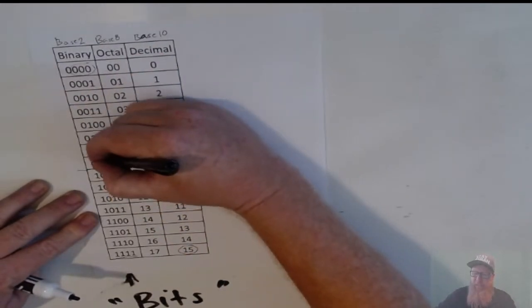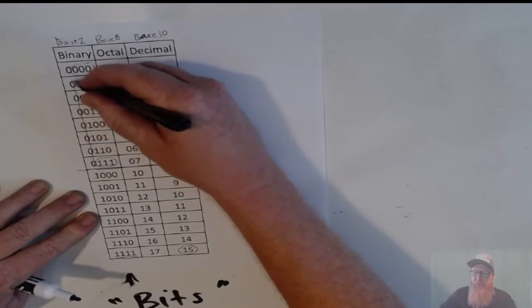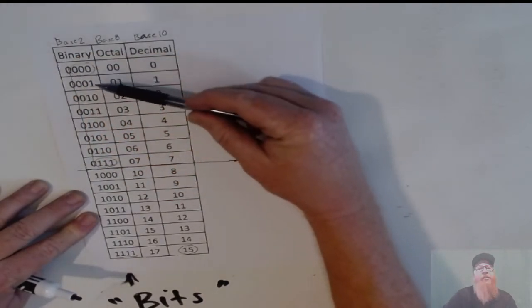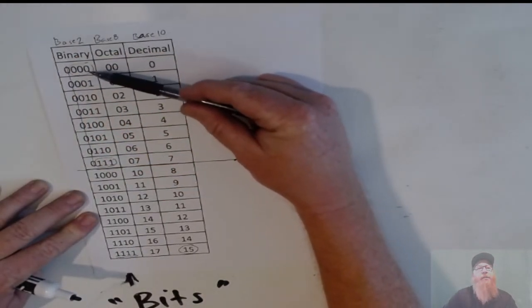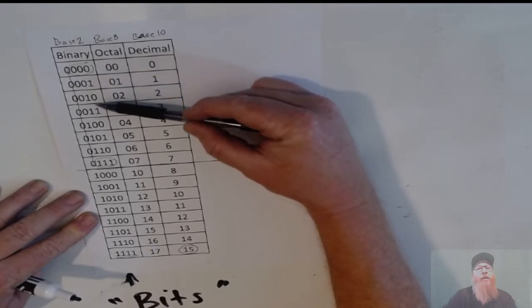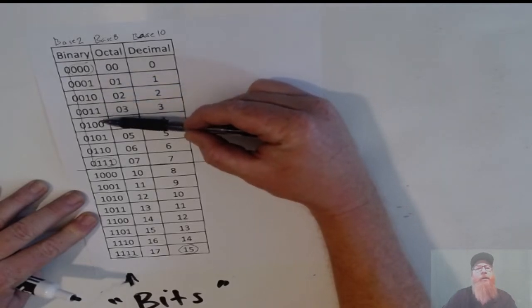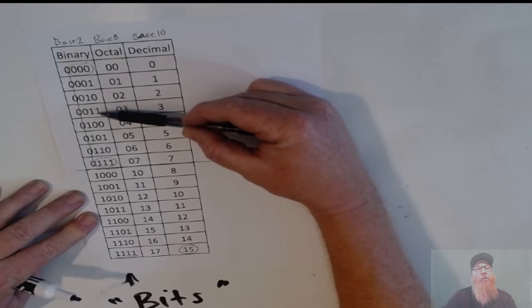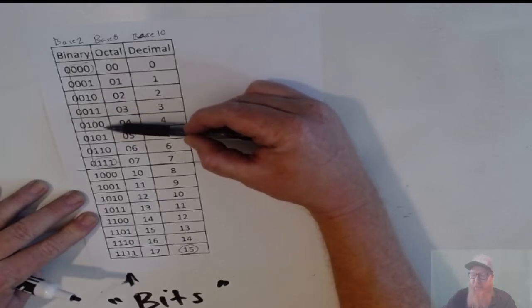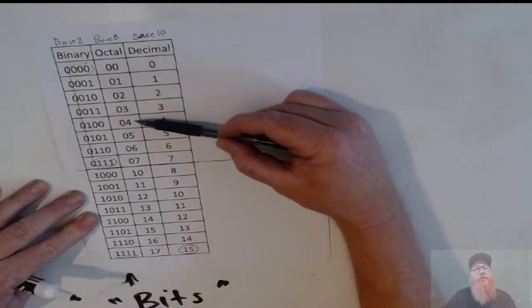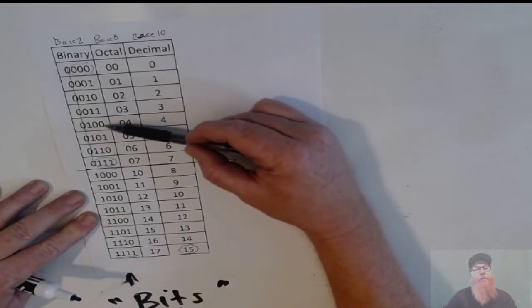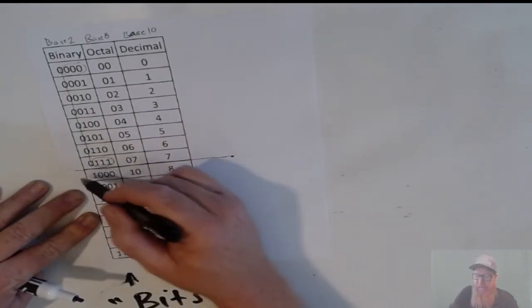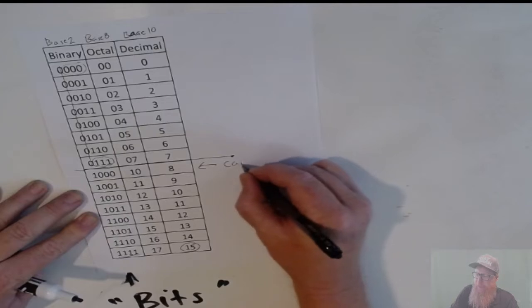You can basically ignore this whole first column of zeros and just look at the pattern. 0, 0, 0, and then 0, 0, 1, 0, 1, 0, and then 0, 1, 1, and then 1, 0, 0, but 100 really just means 4. And then notice how it carries over here. This is what we call the carryover.